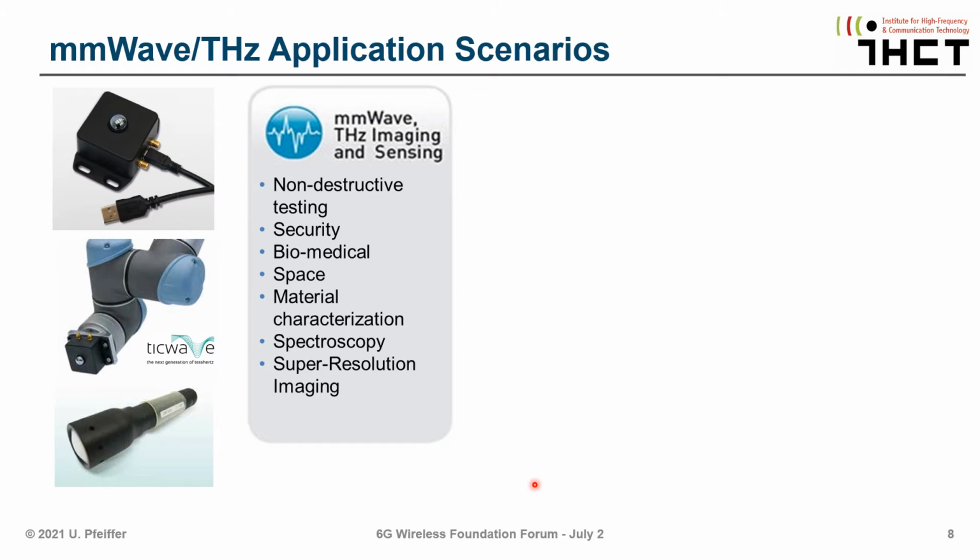At millimeter wave and terahertz frequencies, we have of course seen also many other applications. We have seen many that are related to imaging and sensing, for non-destructive testing, for security, for biomedical applications. Space is something that we've discussed before. Material characterization, spectroscopy, and super resolution imaging are hot topics that are a major player in this frequency range.